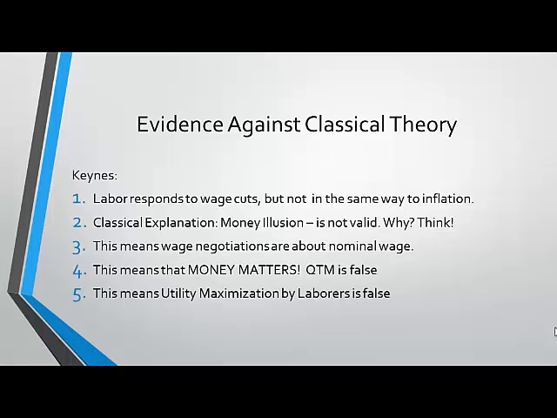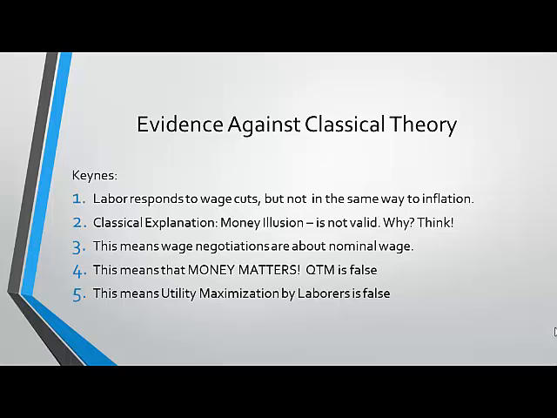Now this is a very radical statement, because if you have wage negotiations about nominal wage, then automatically money matters. And this is one of the key things in Keynes, that money is not neutral, because nominal wage is one thing and price is the other thing, and the two move independently, then the level of money will make a difference.